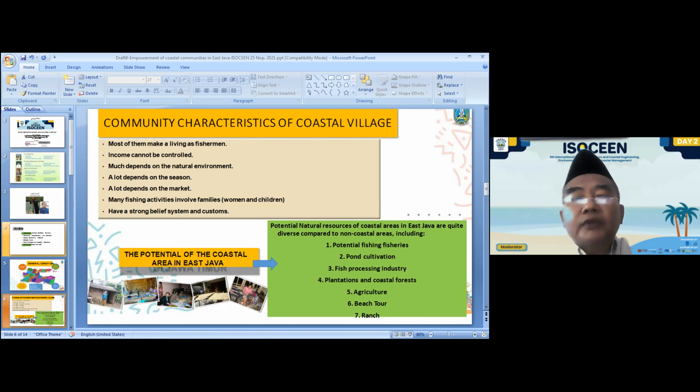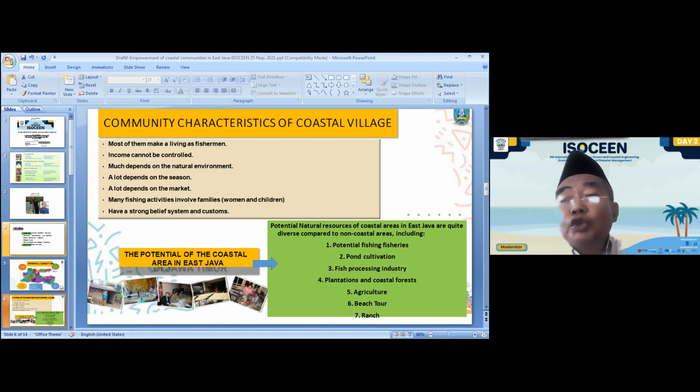The potential of the coastal area in East Java. The potential natural resources of the coastal area in East Java are quite diverse. This means fishing, fisheries, pond cultivation, fish processing industry, plantation, and coastal forest, agriculture, beach tour.